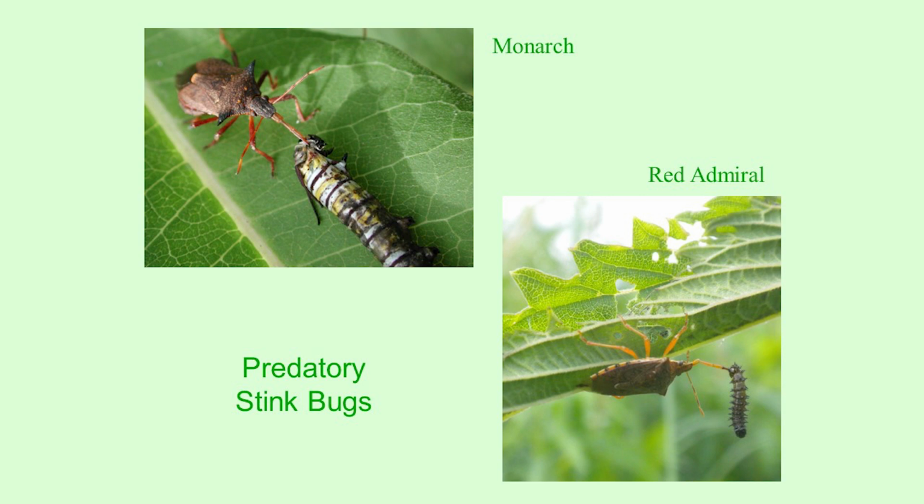They have a long snout-like thing, and they pierce a caterpillar and suck out the inside of the caterpillar as their food source. So these stink bugs are a fairly common predator on caterpillars.